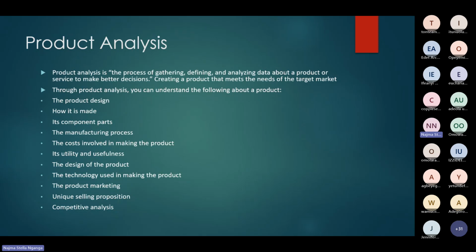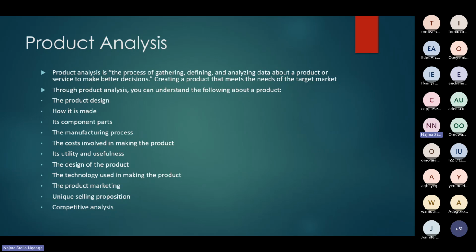The product marketing, this is how you're going to take out the product and create awareness about your product so that people can be aware that your product actually exists and that your product can be of value to them and can have an impact in their life and solve some of their problems.